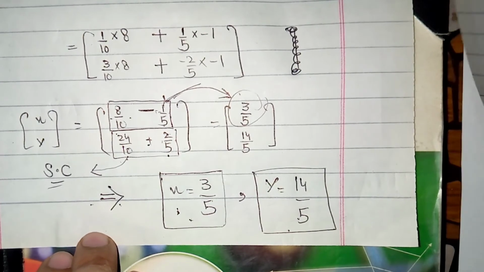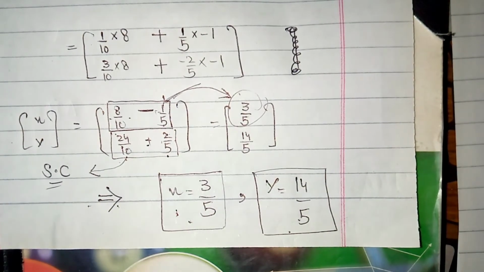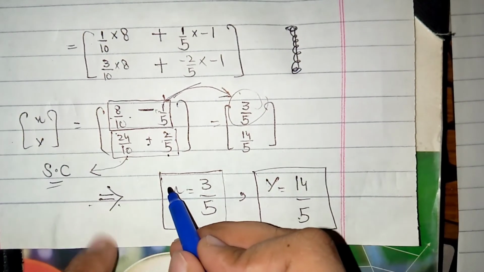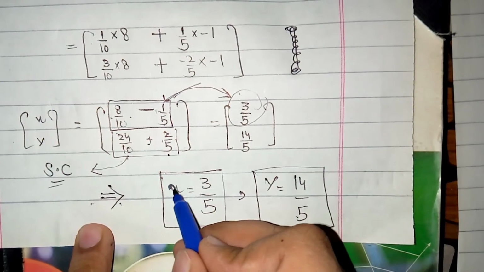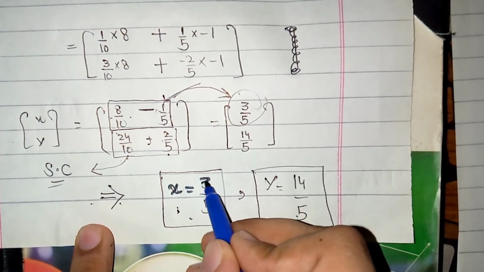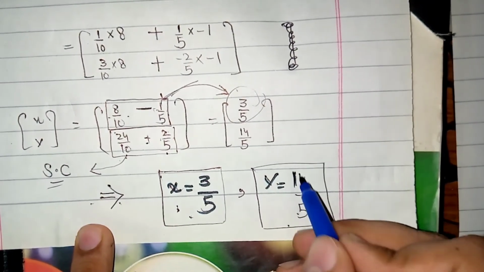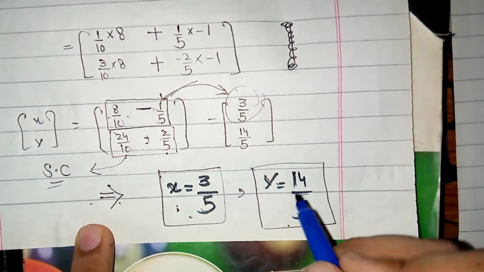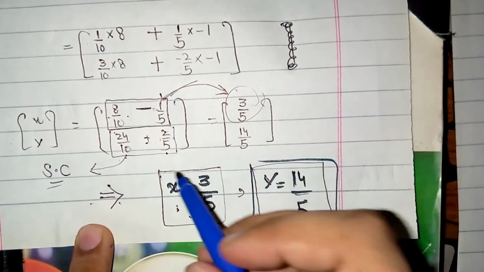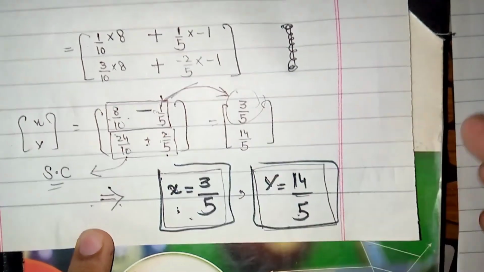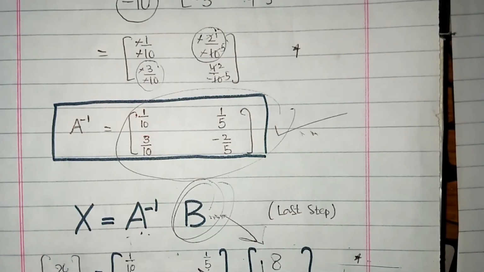Now at the end, write these two values with a marker and make a box to show the paper checker that you found the value of x is this and y is this. If you solve the steps I have told you, you will get full marks, 4 out of 4 in your answer.